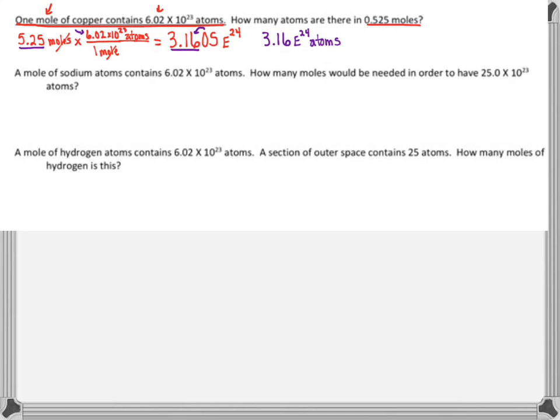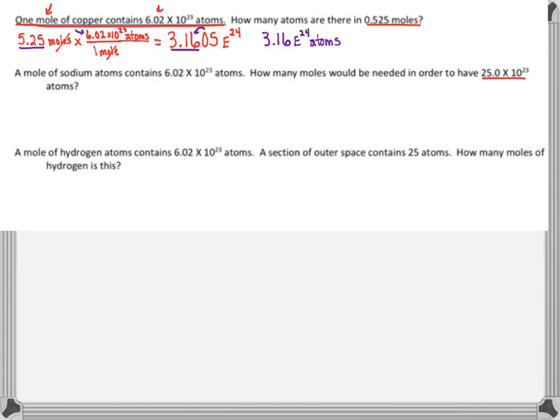All right, next problem. Here they're telling us the same conversion: 1 mole of sodium contains 6.02 times 10 to the 23rd atoms. Now we want to know how many moles we would need to have 25.0 times 10 to the 23rd atoms.